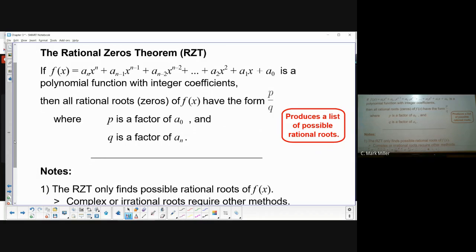Now, before we get started, I want to emphasize what's the purpose of the rational zeros theorem? Why do you do this? It's this red box over here on the side. It produces a list of possible rational roots.